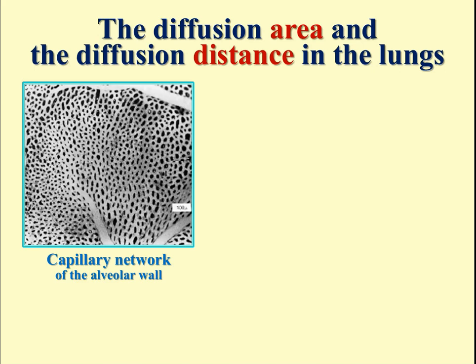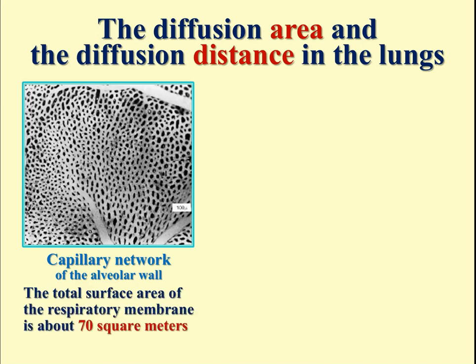So the total area of the lung capillaries is considered to be about 70 square meters on average, and with variability even up to 100 square meters. It's a very great surface area available for diffusion.